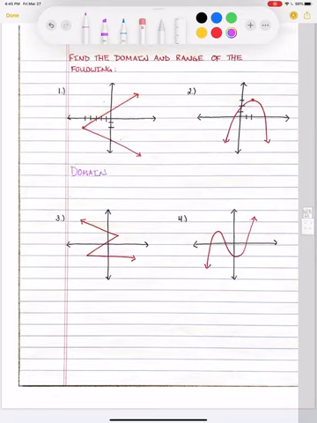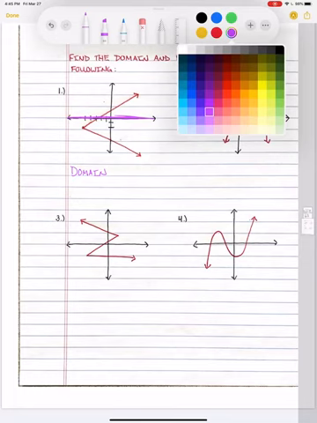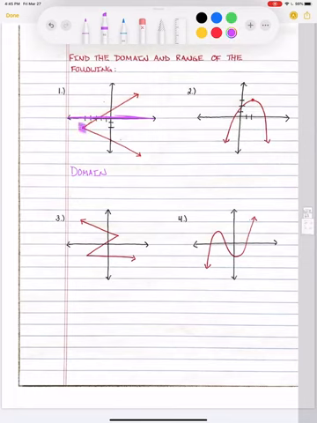Remember, domain deals with your x values. How wide is your graph? Okay, so if I'm looking at the x-axis, I notice that my graph starts at this weird dot and ends at these arrows. So that's as wide as my graph gets. Let's start with the dot. I'm just going to draw my dot so we know where it is.